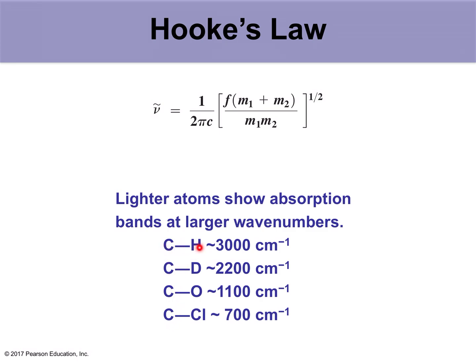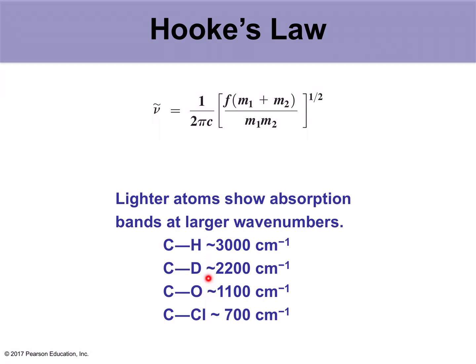What's the molar mass of hydrogen? 1.008. And then D. What is D? D is deuterium. Deuterium is an isotope of hydrogen where it has 1 proton and 1 neutron. So the mass is about 2. Okay. And then the oxygen. Oxygen mass is 16. Right? And then the chlorine 35.45.